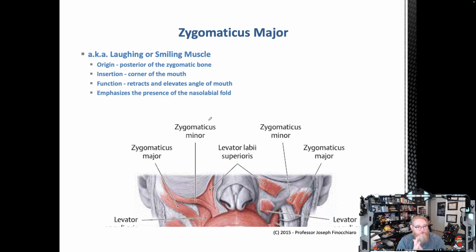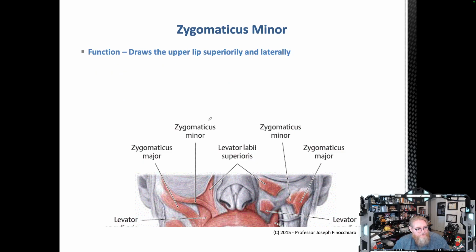The origin is the posterior portion of the zygomatic bone, which inserts within the corner of the mouth. What does it do? It retracts and elevates the angle of the mouth. If it's starting here and it attaches here and it pulls that way, that's going to mess with the angles of the mouth. It emphasizes the presence of the nasolabial fold. Once you know where that is, it'll make all the sense in the world.